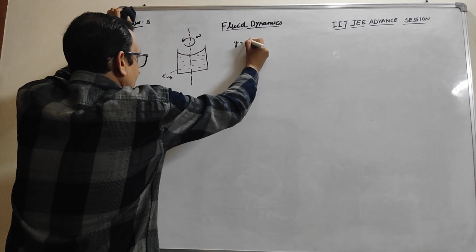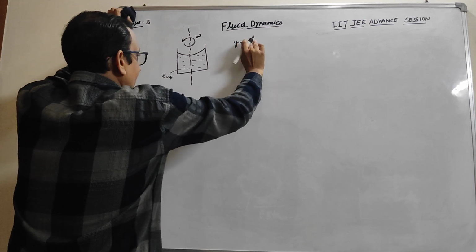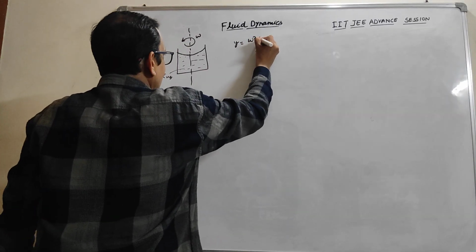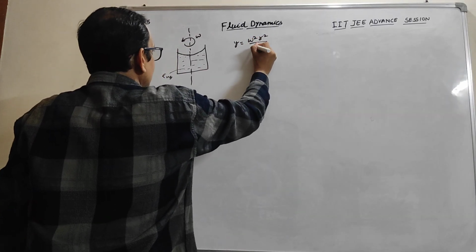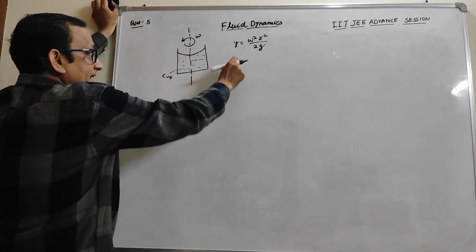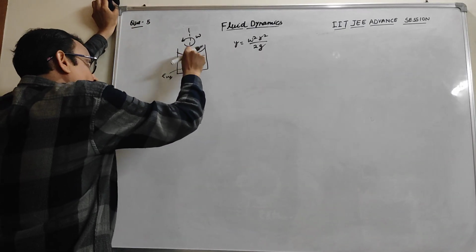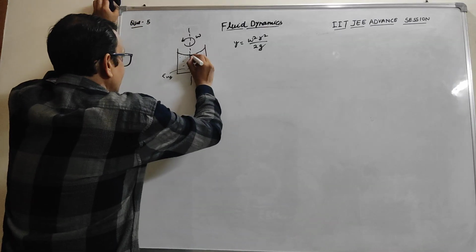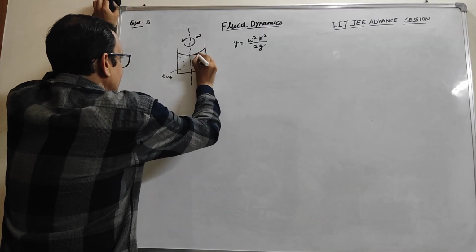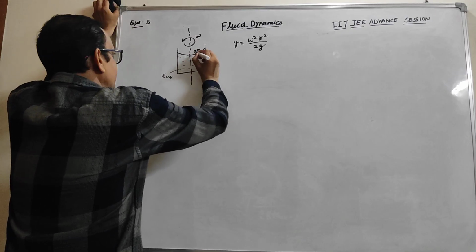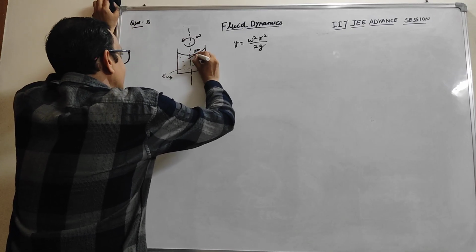y is equal to omega square r square by 2g, which is the equation of a parabola. This is the standard result and we have to derive it here. So see here, this is the dm mass, and we make a tangent on this.